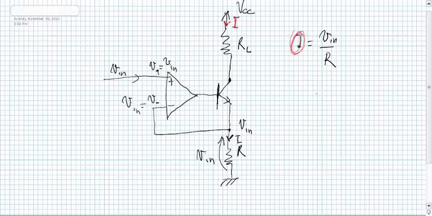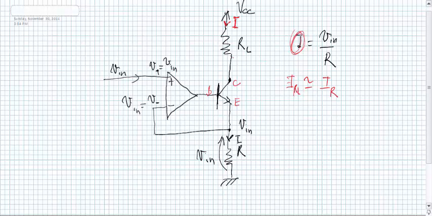There's a tiny difference, but we're going to simply say that I through the load resistor is practically the same as I through R. Reason being simple, I through the load resistor is basically the collector current. This is our collector, and this is our emitter, and this is our base. So these currents are practically equal, and there's a difference, but it's so small that we can simply ignore it.